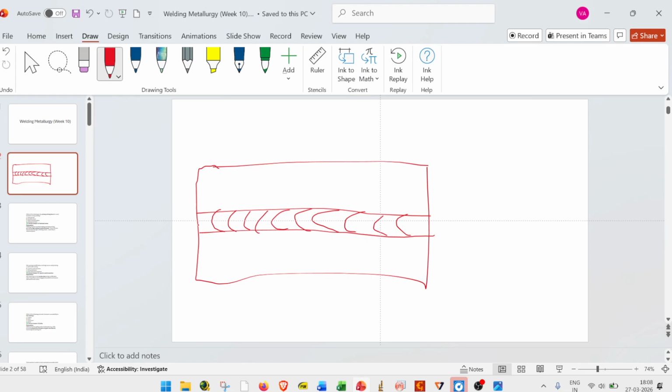If the crack is occurring in the direction parallel to the weld, it is called longitudinal cracking, and if it is happening in the transverse direction, perpendicular to the weld direction, it is called transverse cracking.